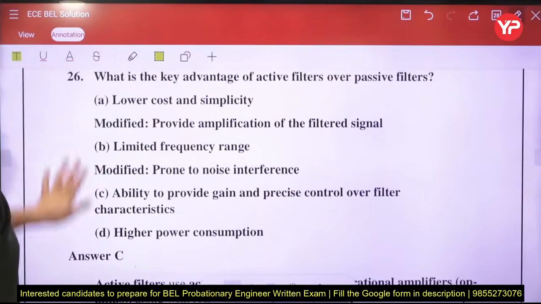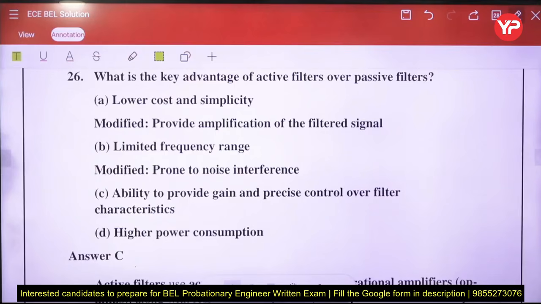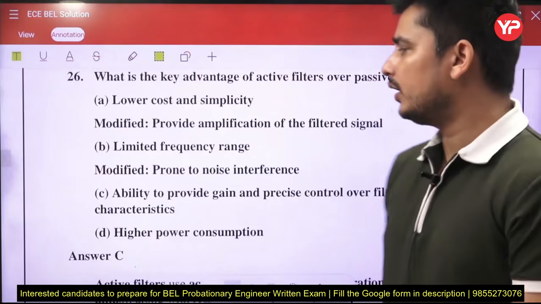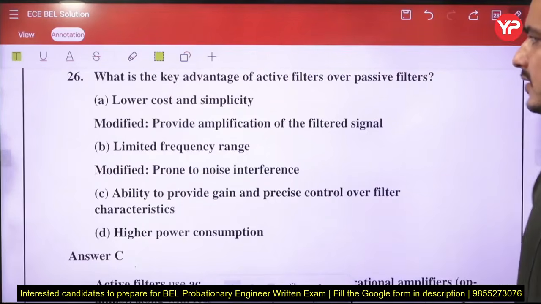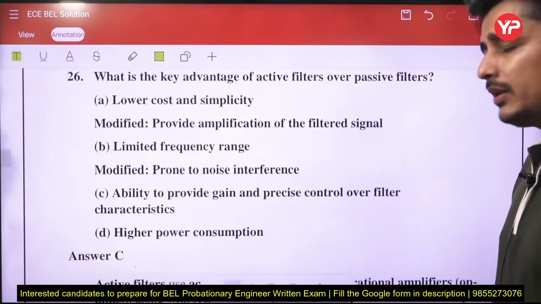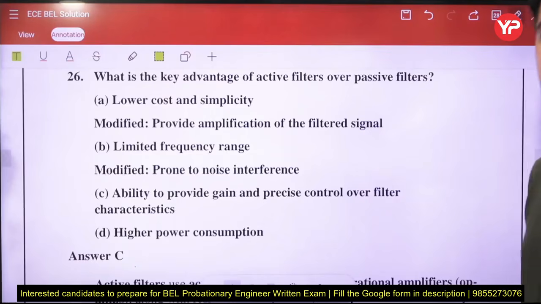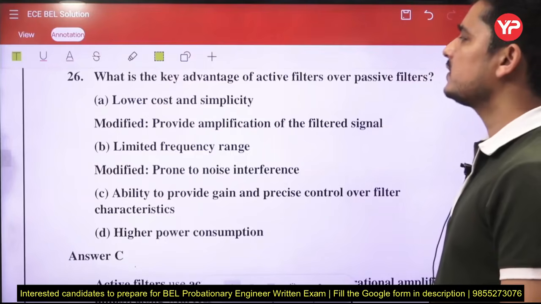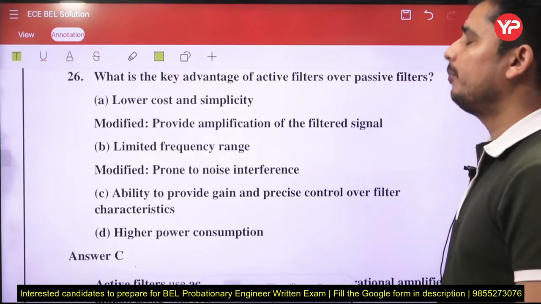Okay. What is the key advantage of an active filter over a passive filter? Basically, whenever we are talking about the active filter, let's read the options. Low cost and simplicity? No, active filters have high cost because they use active elements like transistors, MOSFETs, or op-amps, right?